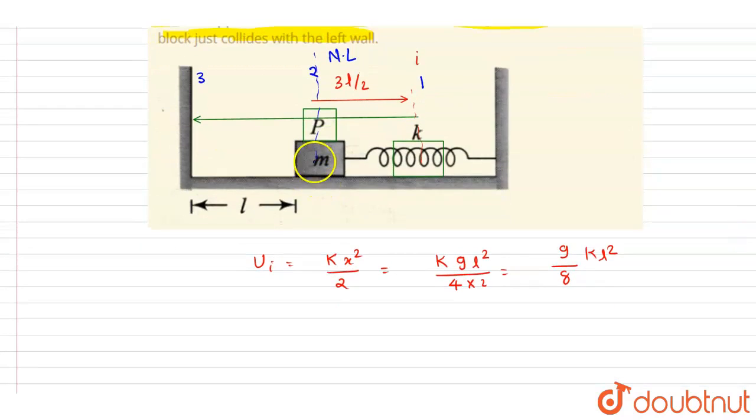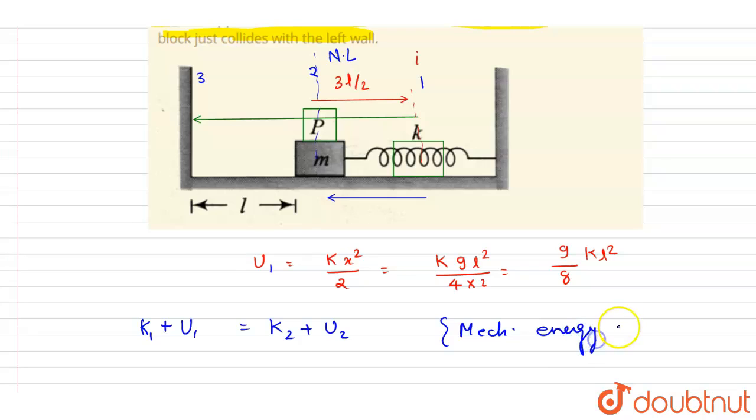When the block M is at the natural length, the spring's potential energy is 0. The mechanical energy remains conserved for this journey, so I will write down kinetic plus potential at position 1 equals kinetic plus potential at position 2, from mechanical energy conservation.